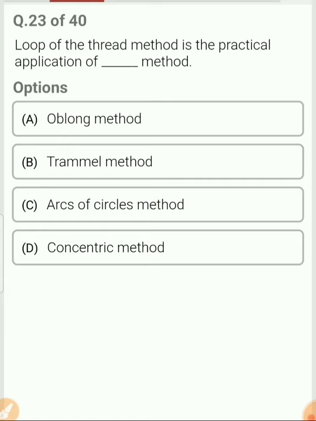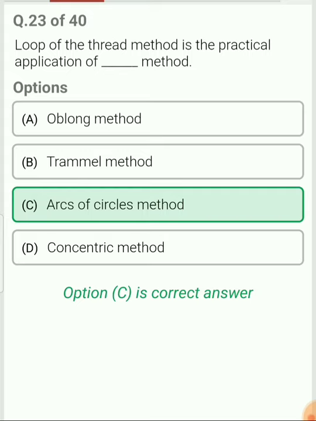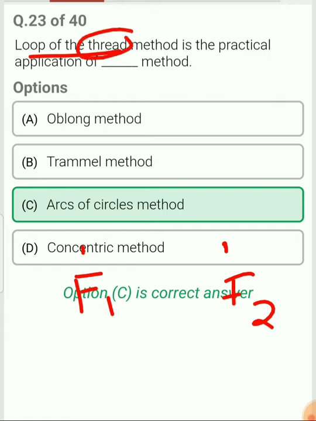Fine. The loop of thread method is practically the application of what? It is the application of the arc of circle method. Now what is the loop of thread method? To consider the loop of thread method, consider 2 points F1 and F2. Now we have a string or a thread.